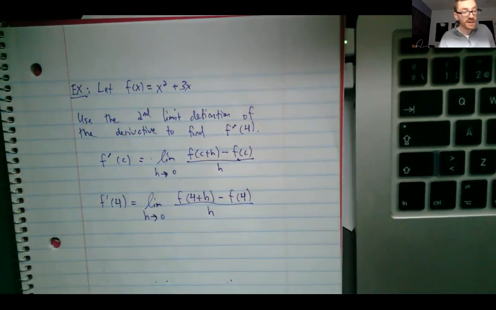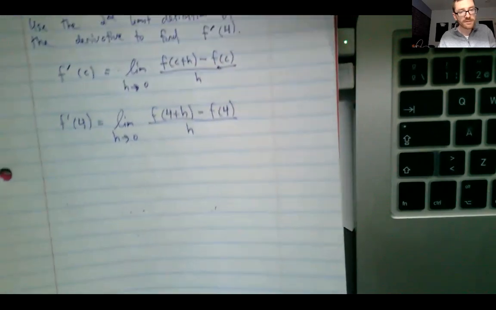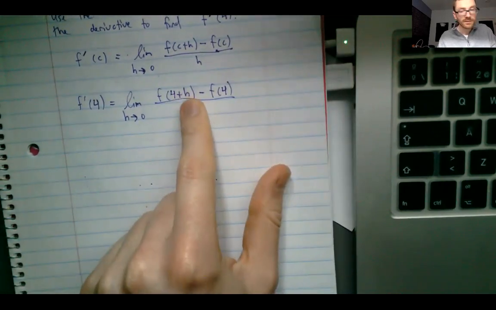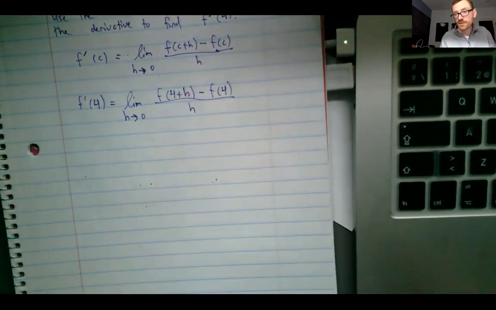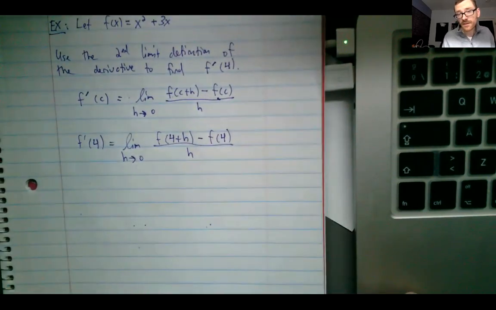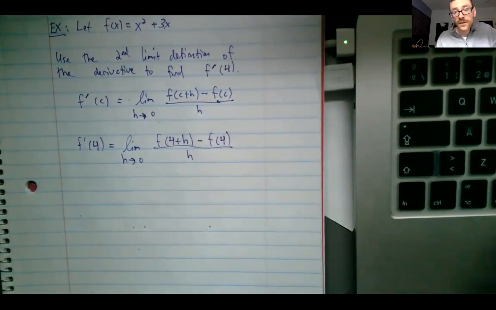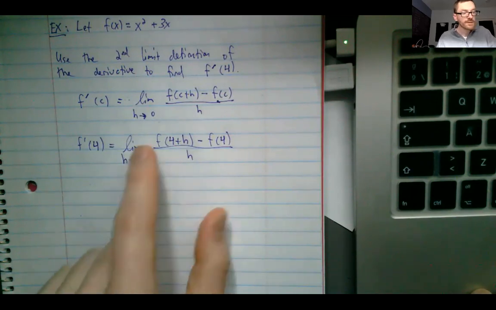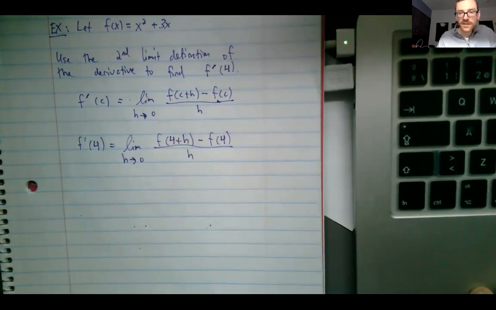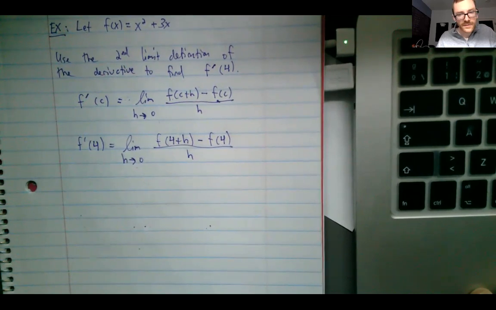And now it's basically an algebra problem. I just have to figure out what this expression is and probably simplify it, and then I'll be able to find the value of the limit. The one troublesome point is that a lot of students don't have much experience evaluating expressions like f of 4 plus h. They tend to look at that and get a little bit confused.